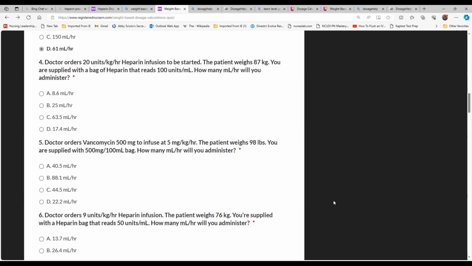And what we have on hand is 100 units per ml. The patient's weight is 87 kilograms. We're going to multiply that times our ordered dose, which is 20 units per kilogram.